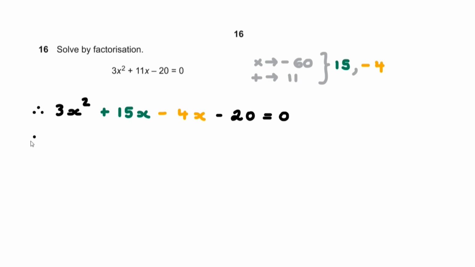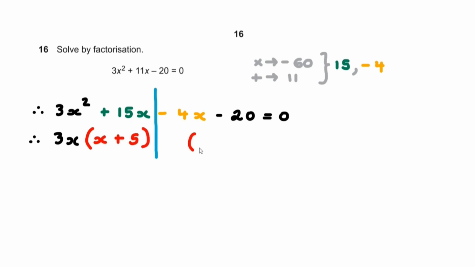So we can split this down the middle, and if we do that, we can rewrite this 3x squared plus 15x as 3x multiplied by x plus 5.